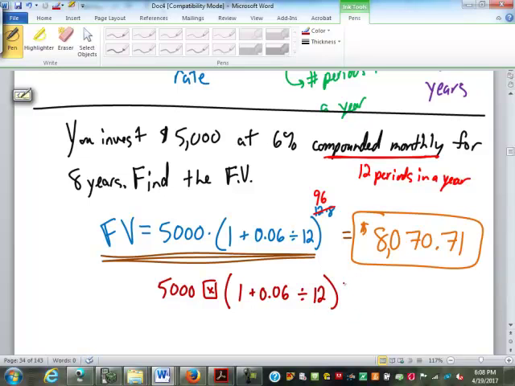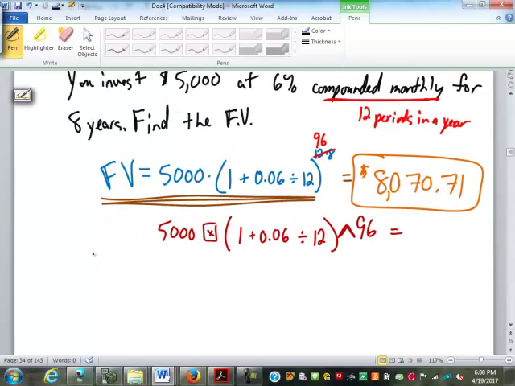Most of your calculators use the caret key to enter the power. So caret 96, equals. Anybody need me to come help them on their calculator? Or you guys got it? It's working? Okay.